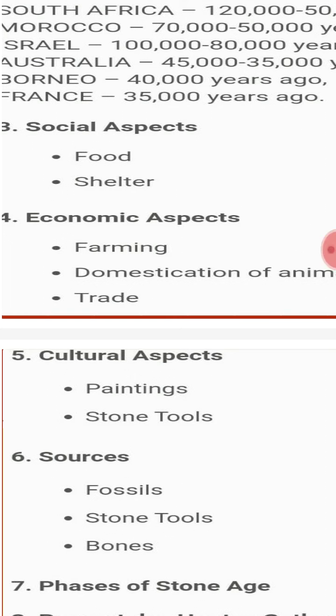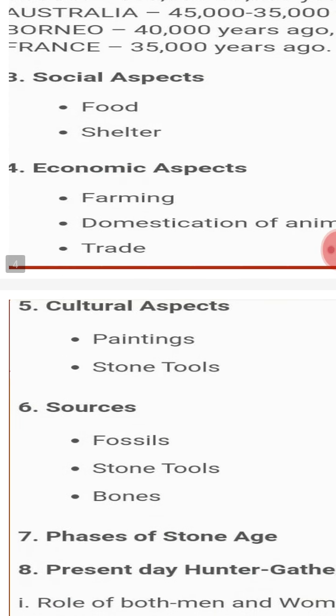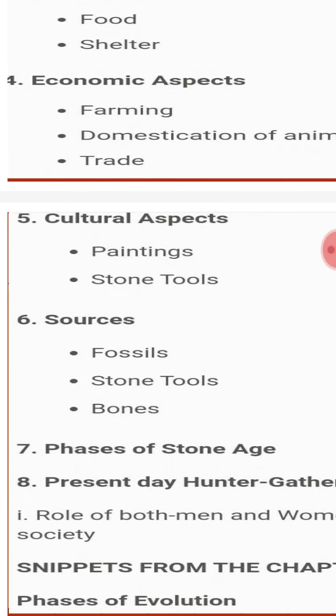Now he started farming, domestication of animals, and trade. In the caves, paintings and stone tools were found.